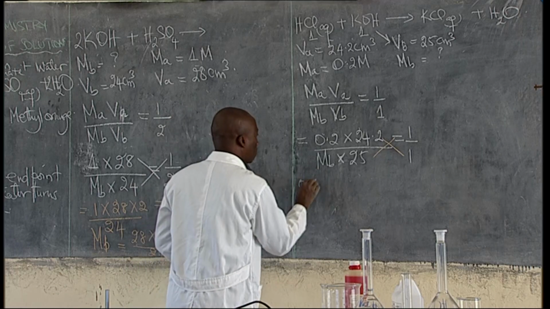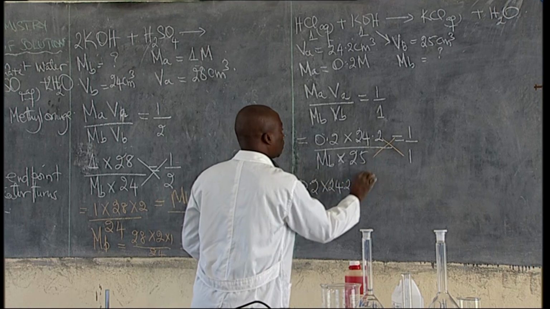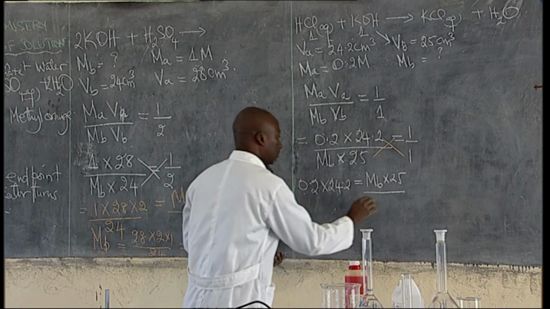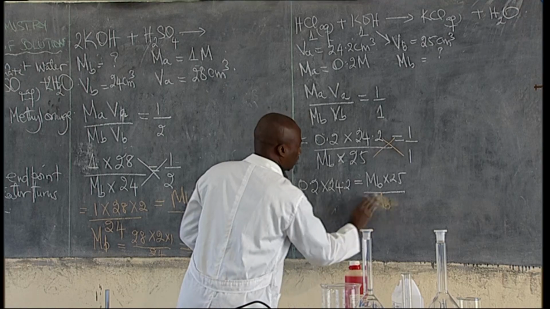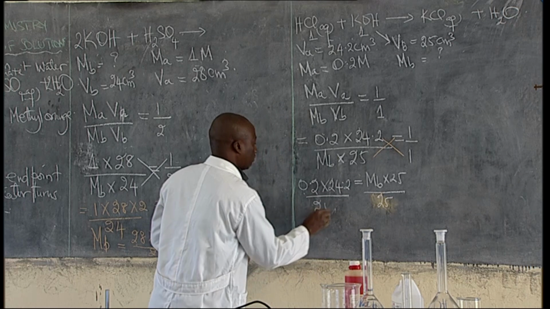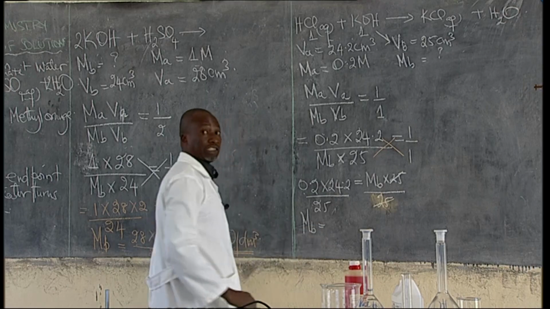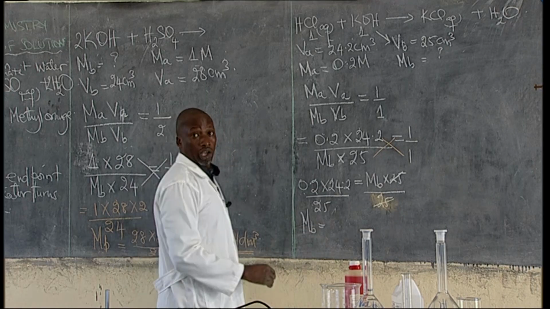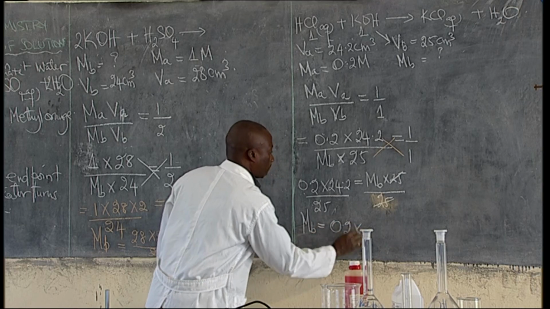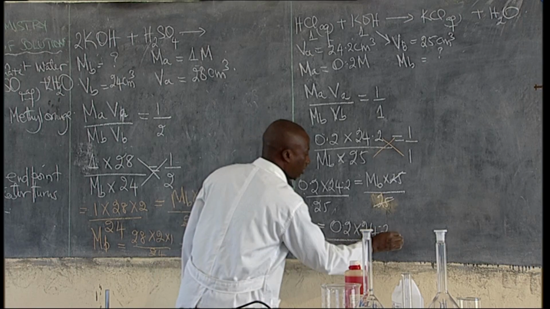So this is 0.2 times 24.2 is equal to MB times 25, divided by 25. This one cancels with this. So your MB, that is the molarity of the base, not megabytes, please. Your MB is equal to 0.2 times 24.2 over 25.